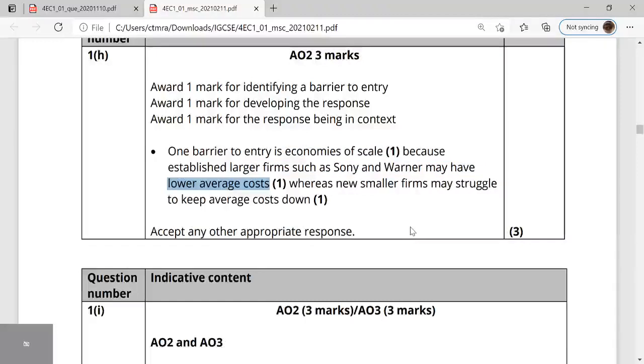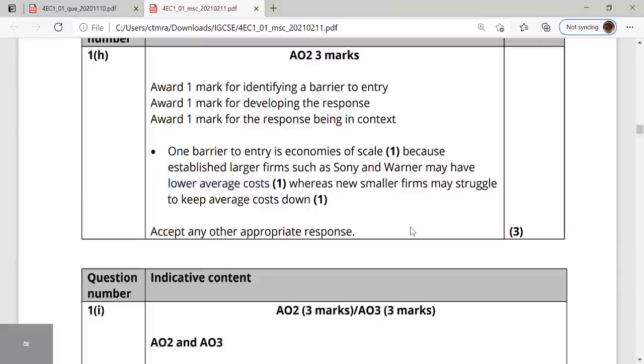Whereas new smaller firms may struggle to keep average cost down because their quantity will be low, so it will be very difficult for them to reduce the average cost. It will be quite high. So that's a good answer.